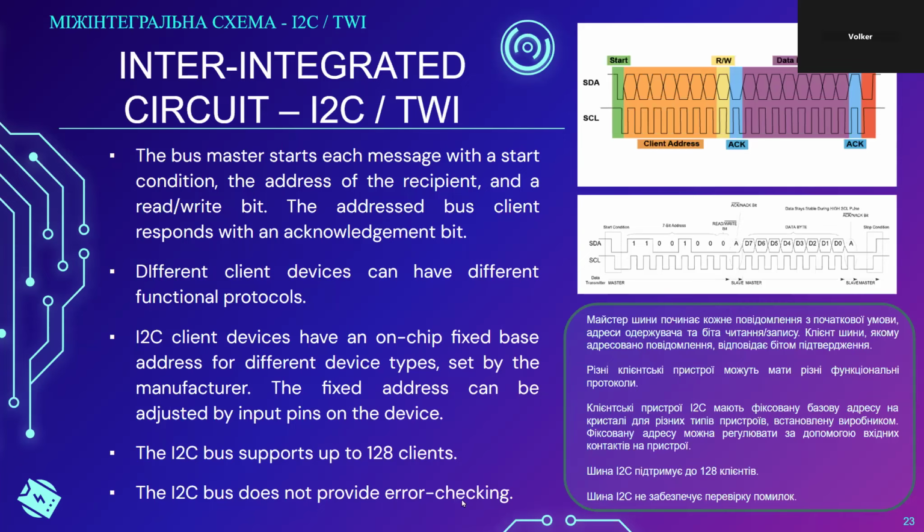In practice, of course, it's generally less because they all have to have different addresses, and the base address is given by the manufacturer. And just like the SPI bus, there is no error checking. So it is originally intended as an on-circuit board bus that is short distance and very close to the microcontroller.